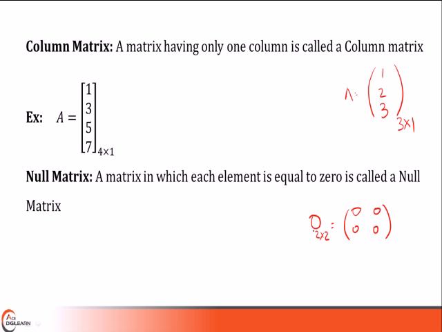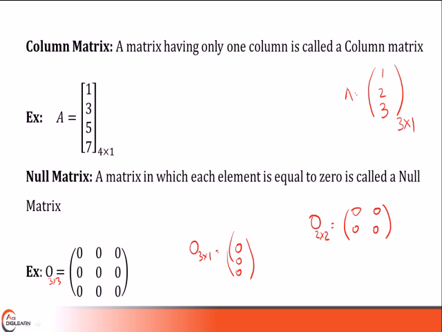Null matrix in general we denote with the letter O, and we mention the order as a suffix of O. This is a null matrix of order 3 by 3. You can take 3 by 1 also: a matrix containing 3 rows and 1 column in which all the elements are zeros is called a null matrix.